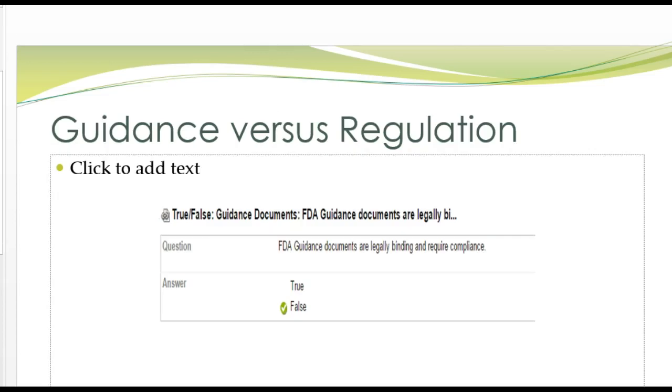The one that people really seem to have trouble with is guidance versus regulation. A lot of folks said that guidance documents are legally binding and require compliance. But the reality is the regulation is legally binding. The guidance document is a recommendation by the regulatory agency.